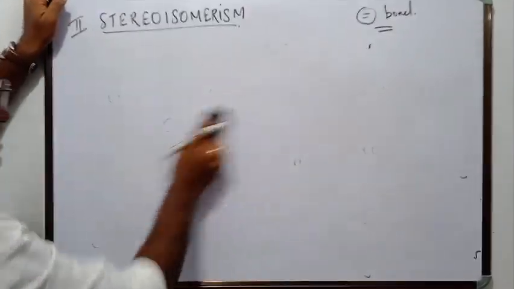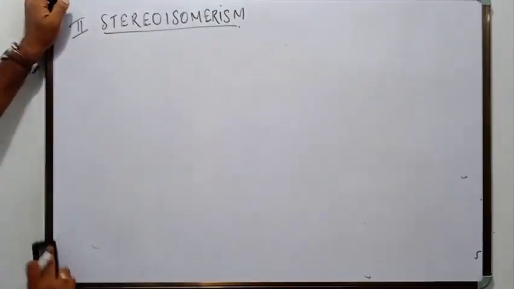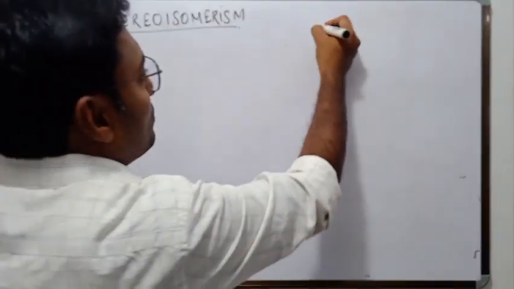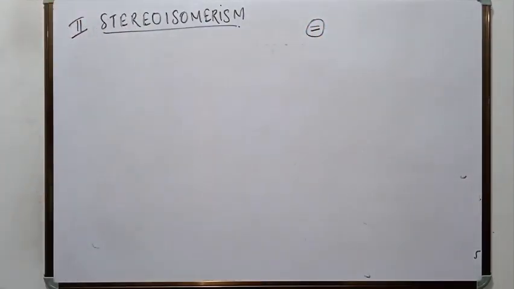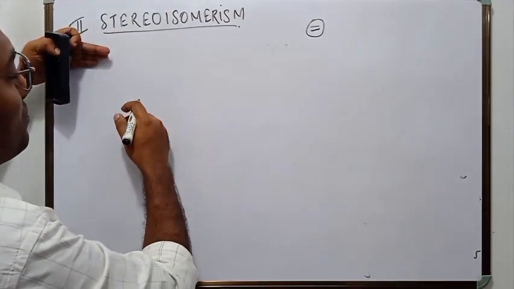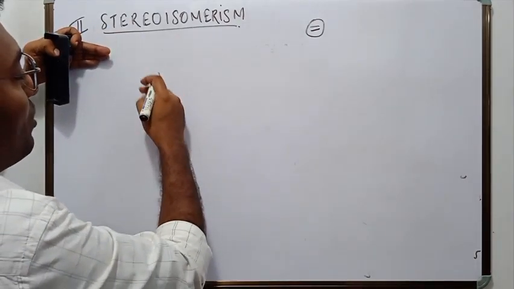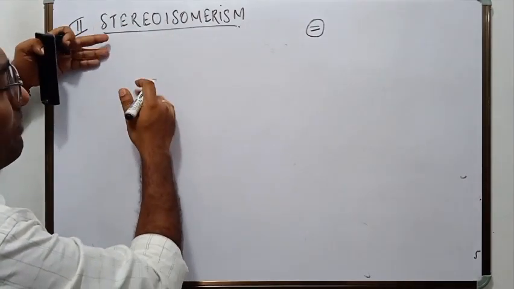Now let us go to the second subtype. As I already told, geometrical isomerism is shown only by alkenes, but not by all alkenes. It is shown by those alkenes which have two different groups on either carbon containing the double bond. Let me write an example and we will try to understand.